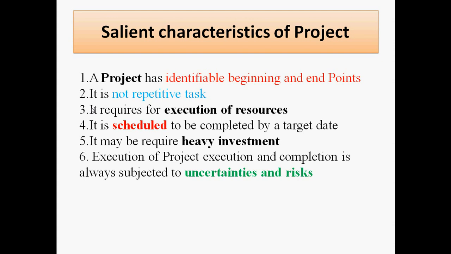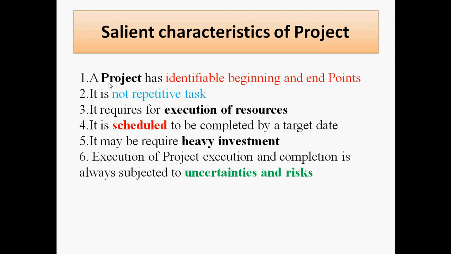So here it requires more investment, right? Because it requires more resources. Then the environmental features also have an effect. It also involves risk as well as uncertainties, because the task is more critical. If it is critical, then will it be completed within time or not? That type of risk is also there.